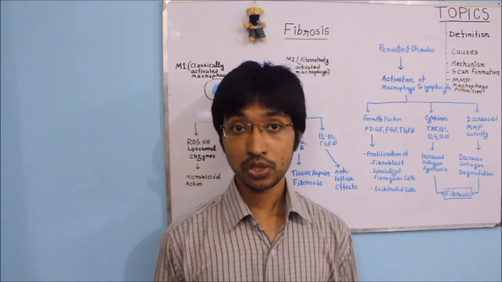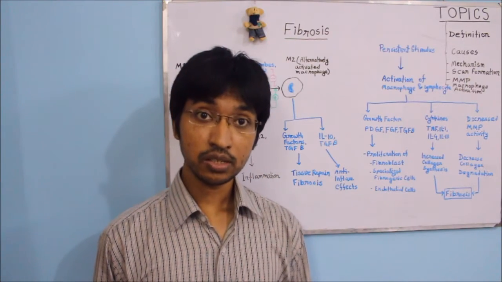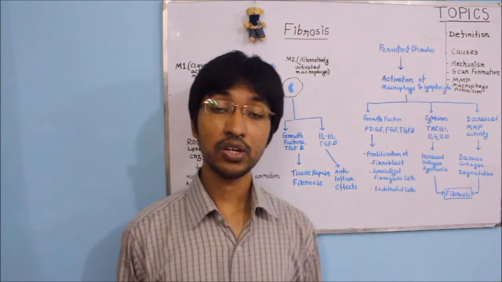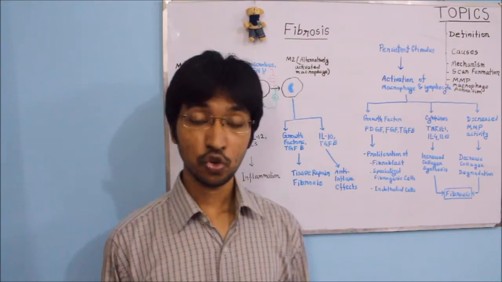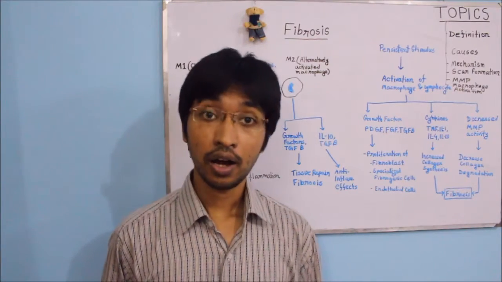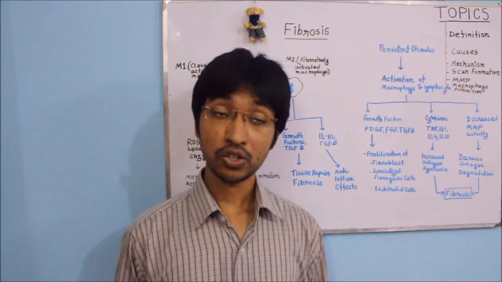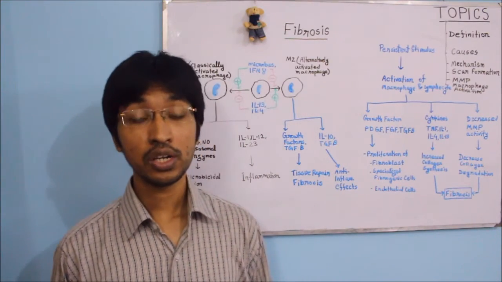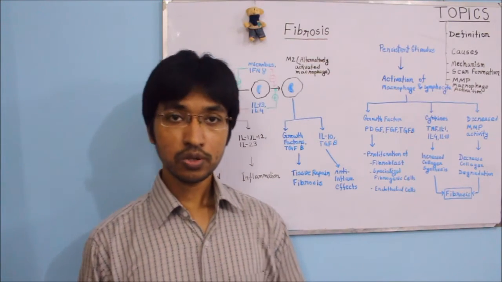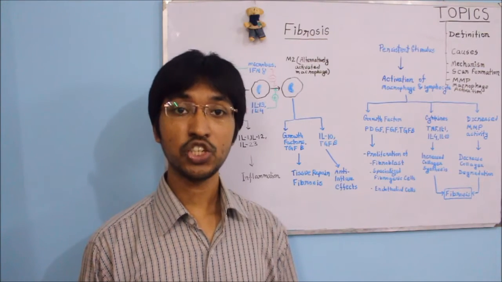And the second cause is an important growth factor released during angiogenesis, that is known as vascular endothelial growth factor, or VEGF, and that growth factor drives the process of angiogenesis, and that growth factor is also responsible for increased vascular permeability. So that was in short about the first step of scar formation, or angiogenesis.